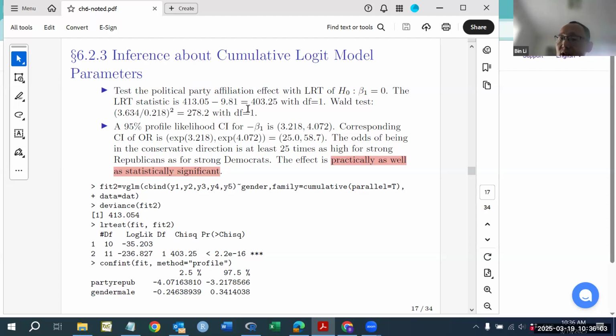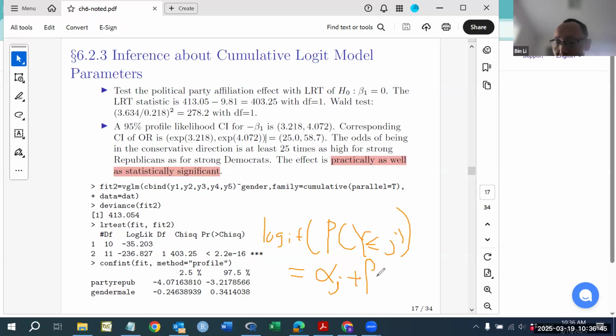So in other words, j is the category index for the response. The logit for the cumulative logit model, which is the logit for the probability of y less than or equal to j, is alpha_j plus beta x.